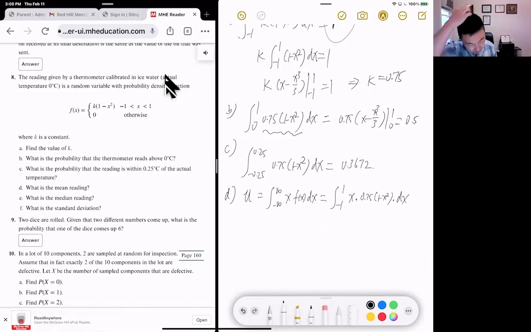I will just skip the details; you do the integration. The mean value is 0.